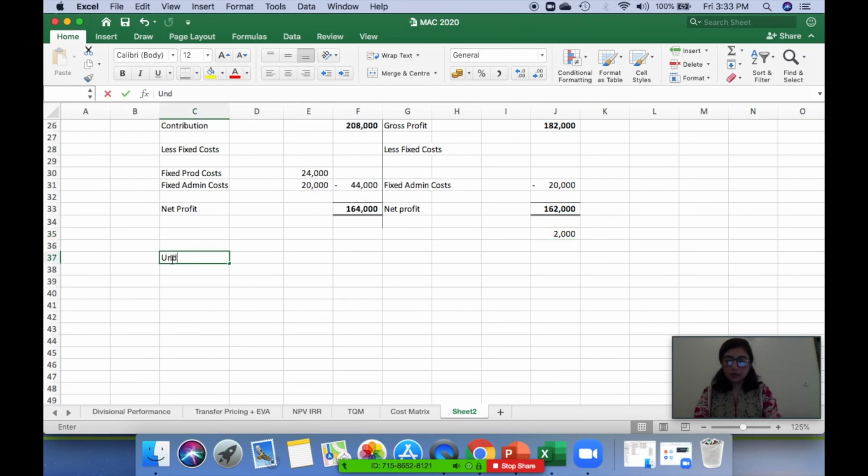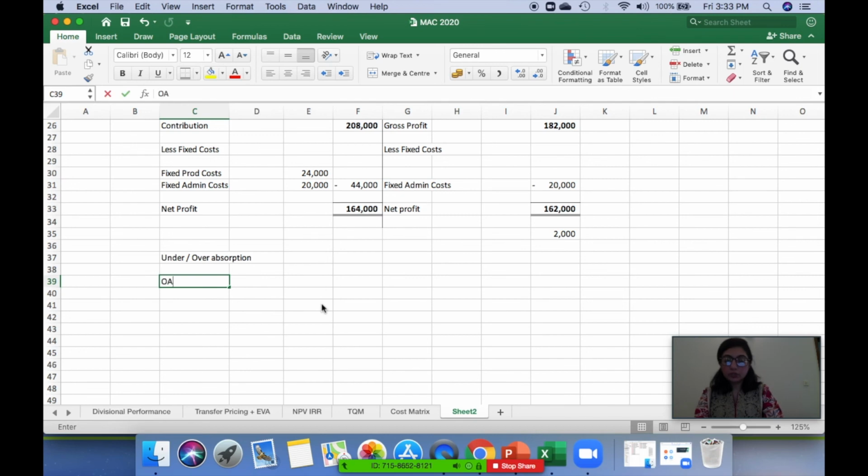So under over absorption, what happens is that in marginal costing, fixed production overheads are not made a part of the cost of sales, correct? But in absorption costing, fixed production overheads are made part of the cost of sales. But we've learned that fixed overheads should not change and should remain constant.